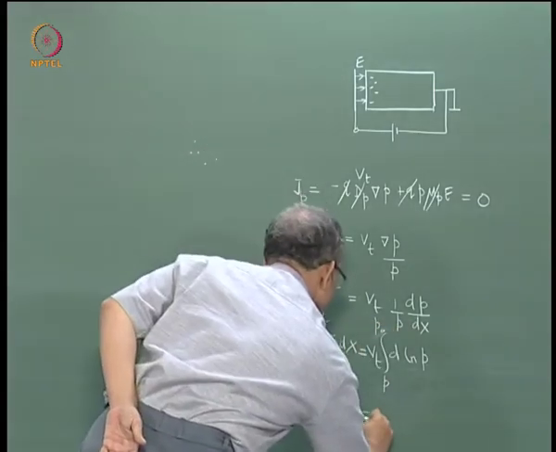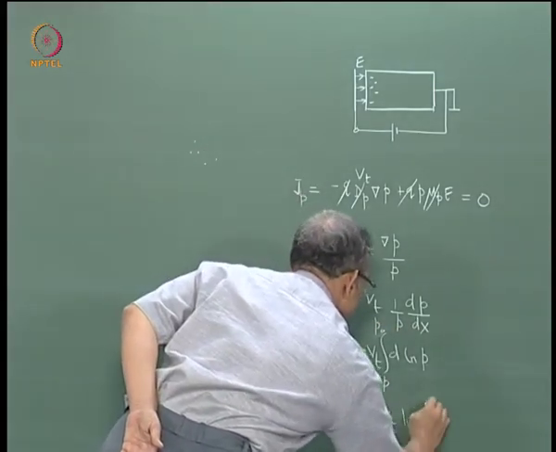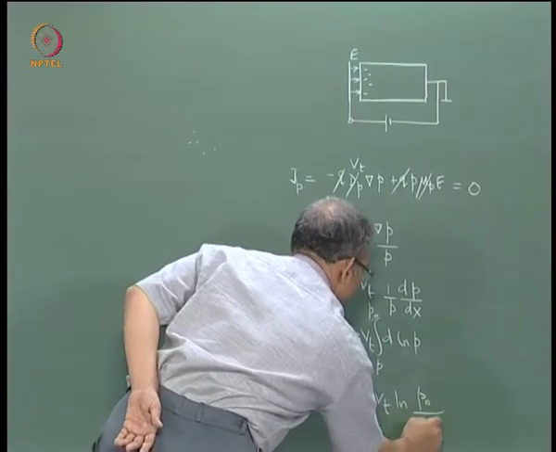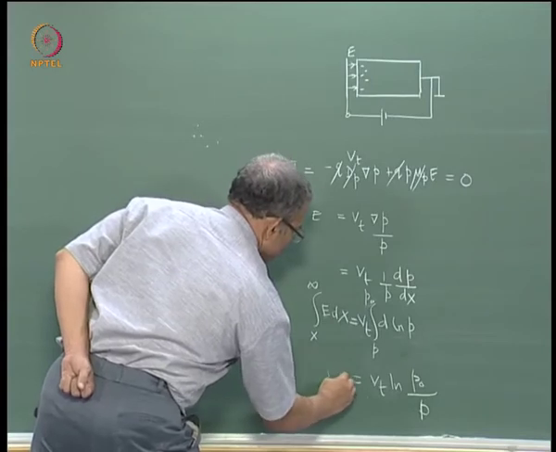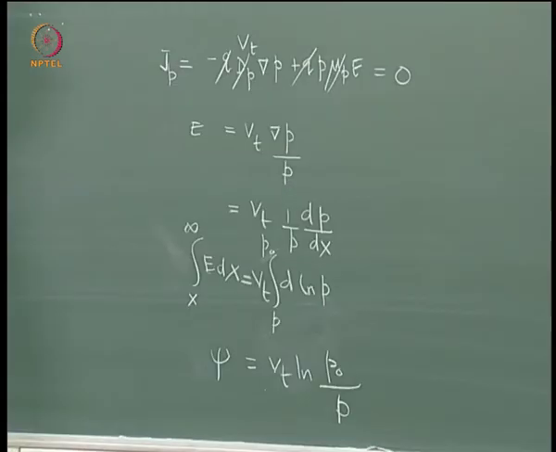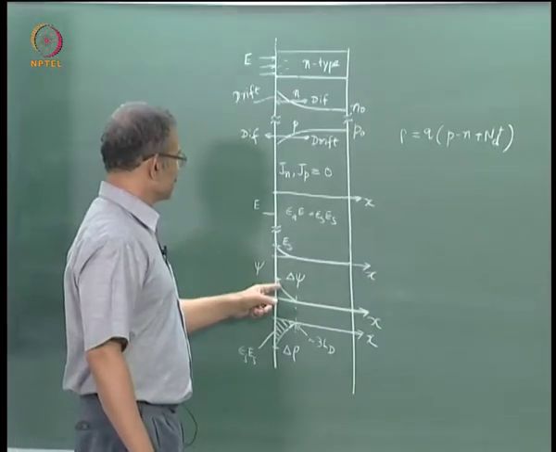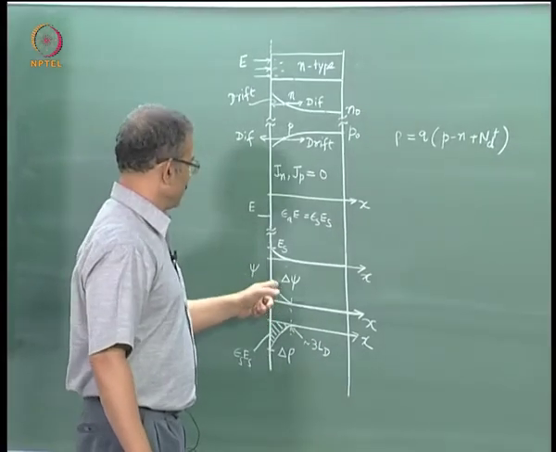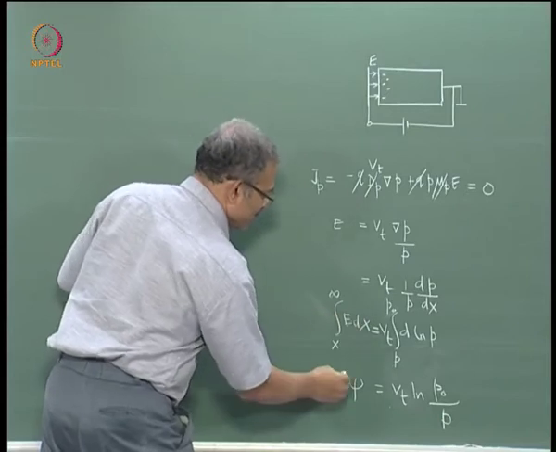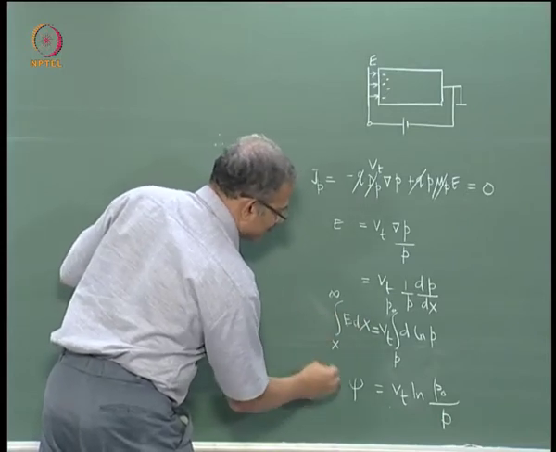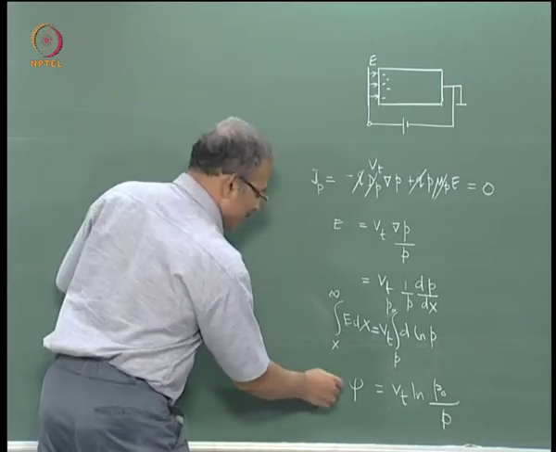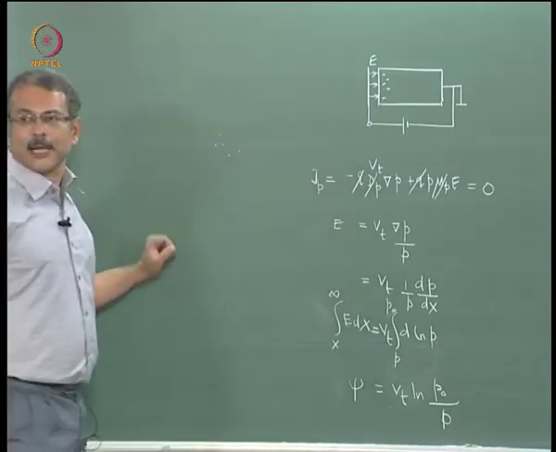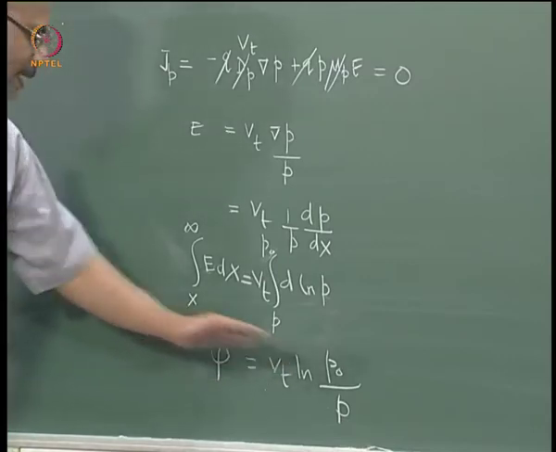So this is Vt ln p0 by p, and on the other side, ψ at infinity is 0, ψ at any x is ψ. So that is why ψ is minus of integral E dx. So this quantity will be minus of ψ infinity minus ψ x, and that is minus of minus ψ, that is plus ψ. Okay, so this is the formula.